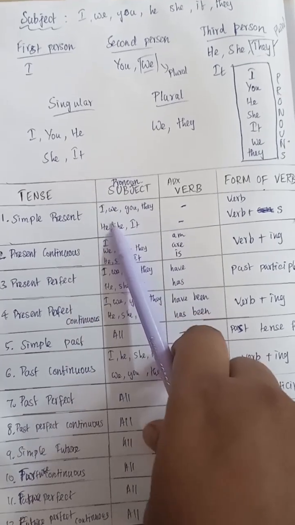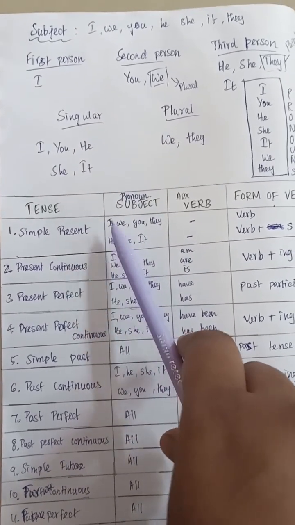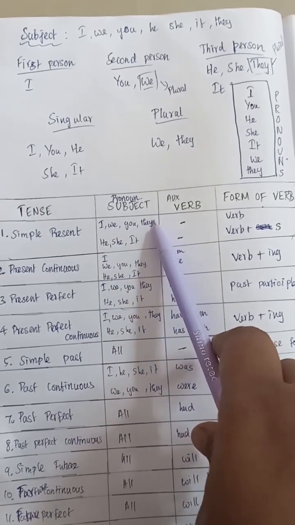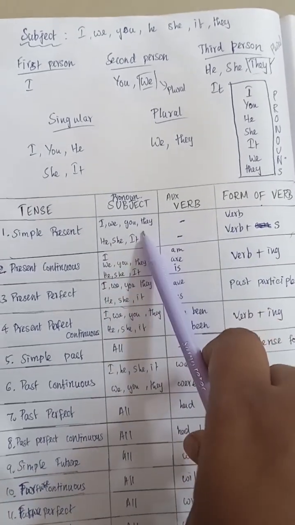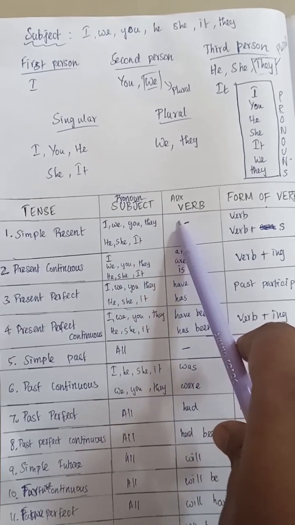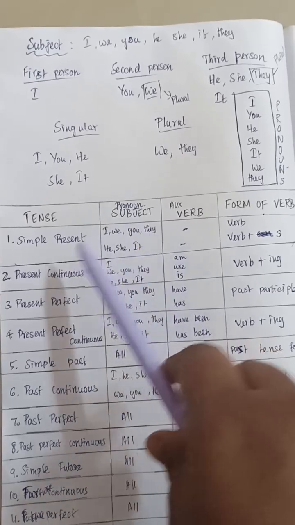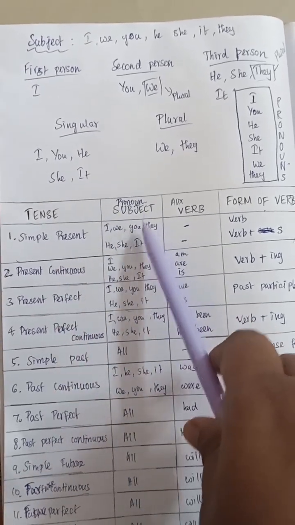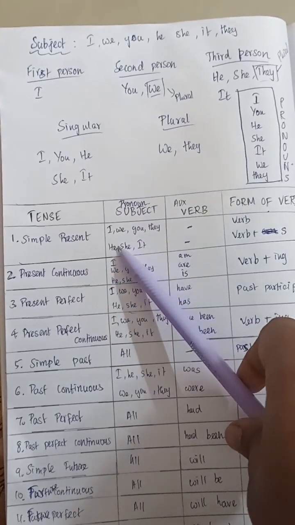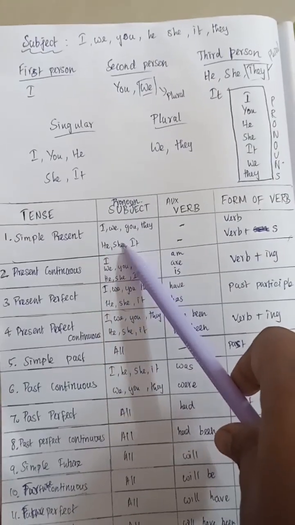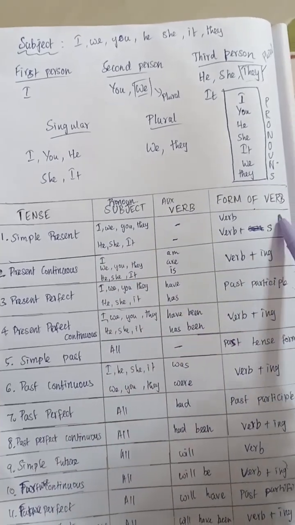The subjects or the pronouns I, we, you, they will just match with the verb like that, and it does not need an auxiliary or supporting verb. In simple present, as I told, the third person singular ones are important, because they will want an s behind the verb.